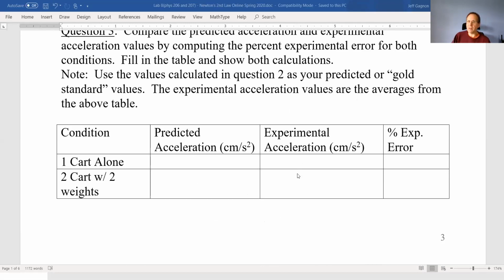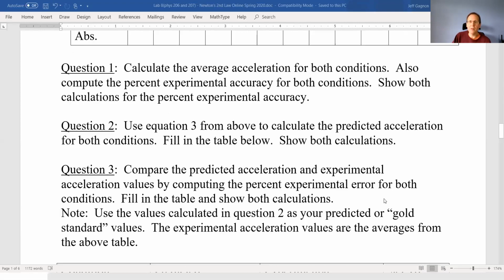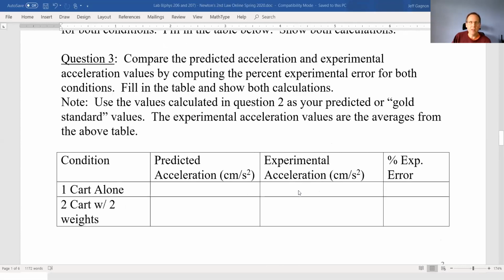The 2 experimental accelerations are just from this previous table. These are your averages, right? So whatever you averaged here for condition 1, without the weights, and then with the 2 cylindrical weights, condition 2, those you can fill in the table here. Those are experimental values. So question 3 is to compare what you got from the equation, your predicted acceleration, to what you got from the smart timer, right?